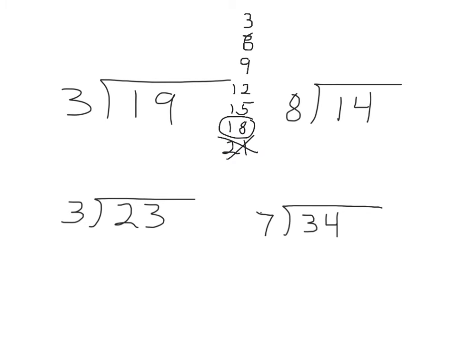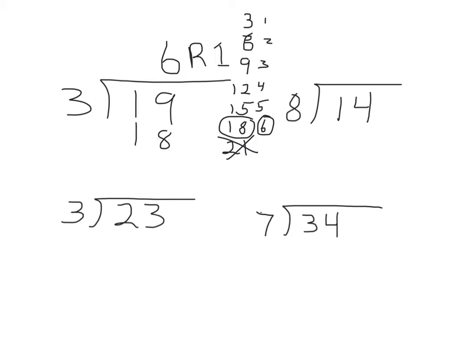So we know it's 18, and if we count, that's 1, 2, 3, 4, 5, 6 groups of 3. And we also know that that's 18, so there's going to be 1 left over. So my answer is 6 with a remainder of 1.